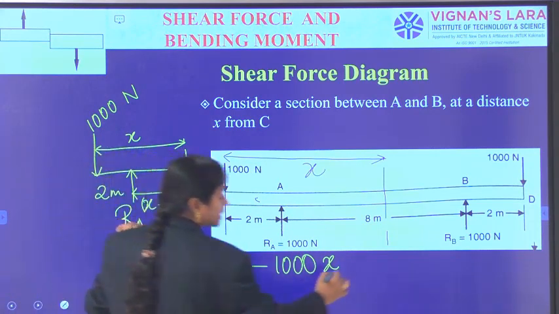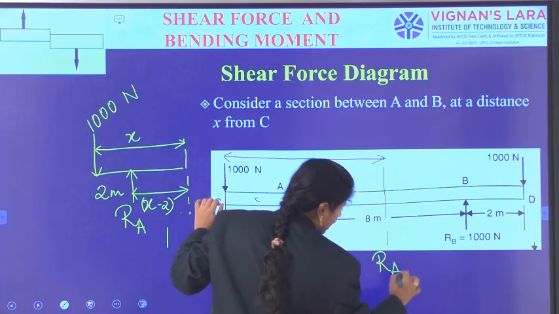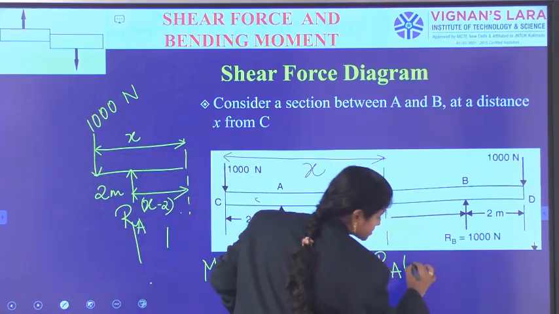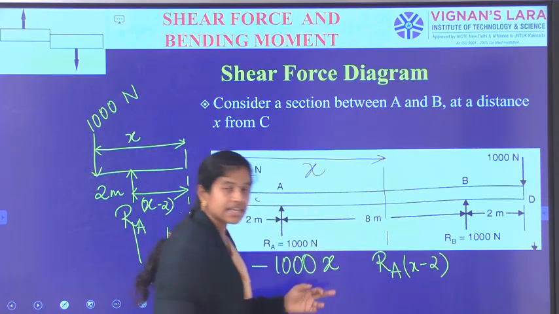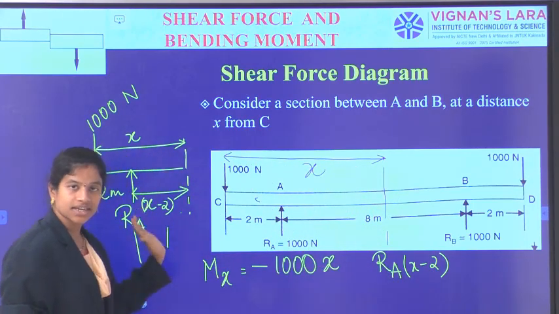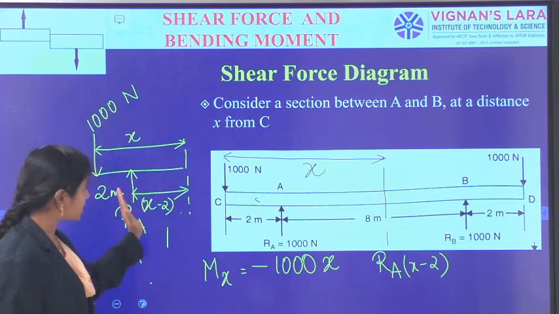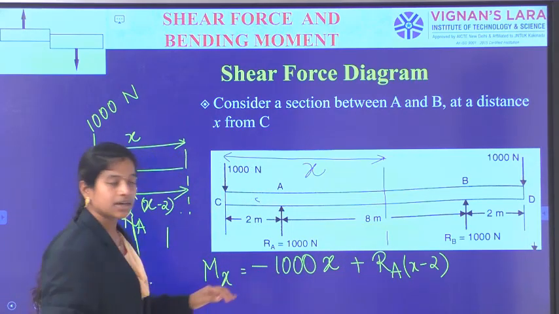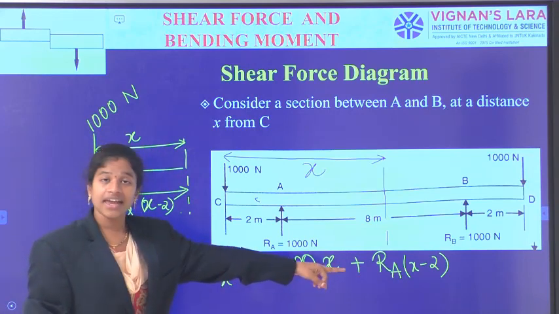And then the next force is RA, and the RA is at how much distance? X minus 2 perpendicular distance. And with this perpendicular distance, it is causing sagging type moment. See here how the force is going the sagging way. Okay, minus 1000x plus RA into x minus 2.